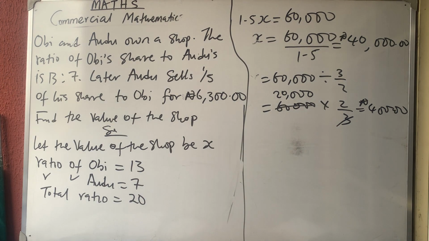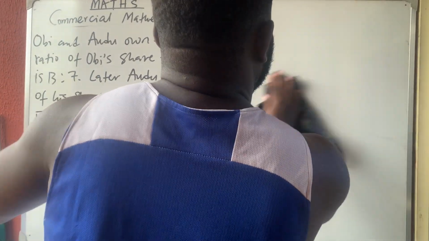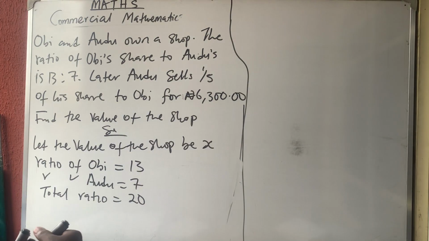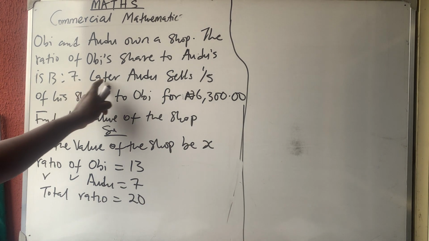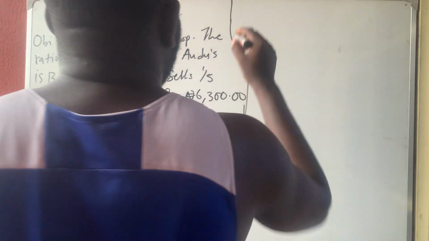Now, let's get the share of Audu and the share of Obi. They say Audu sells 1/5 of his share, so let's get the share of Audu.